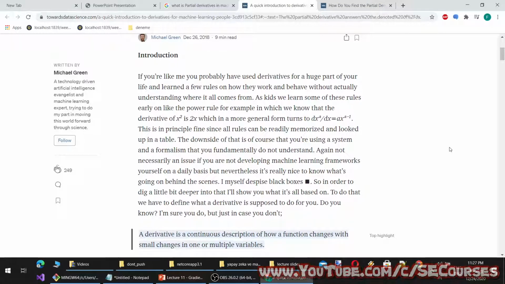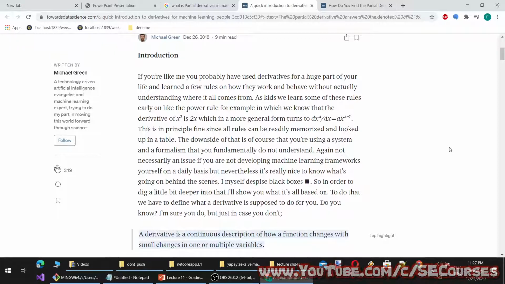Introduction. If you're like me, you probably have used derivatives for a huge part of your life and learned a few rules on how they work and behave without actually understanding where it all comes from. As kids, we learn some of these rules early on, like the power rule, for example, in which we know that the derivative of x squared is 2x, which in a more general form turns to dx^n equals n x^(n-1).